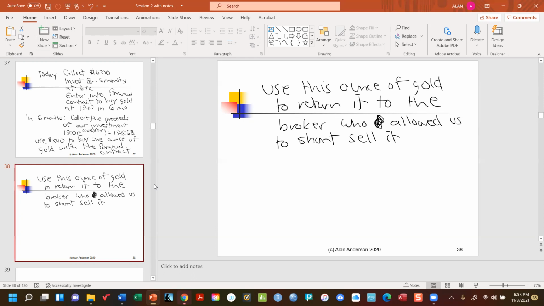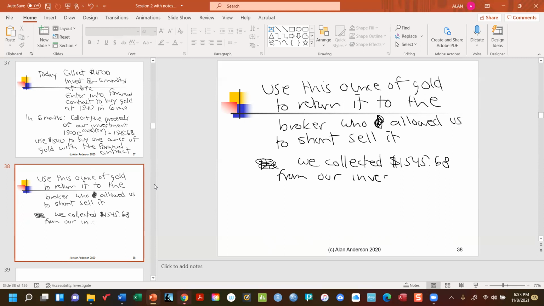And so what happens is we collected 1548.68 from our investment. Paid 1,540 for the gold.